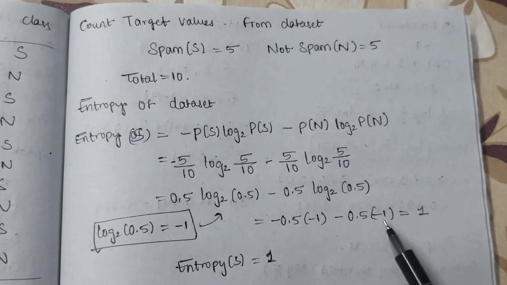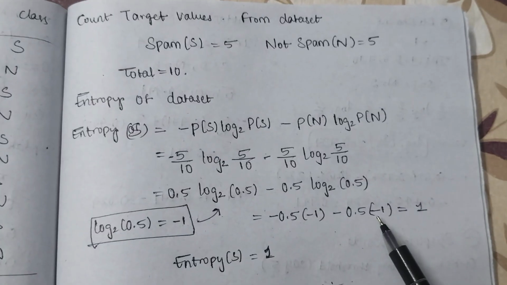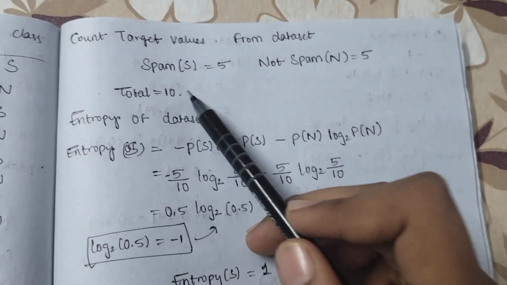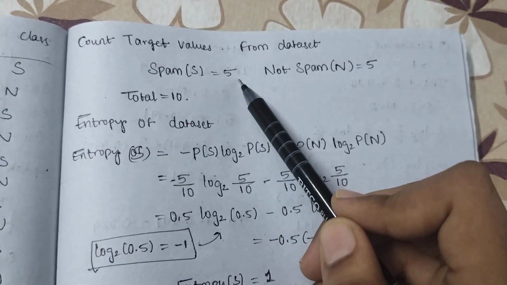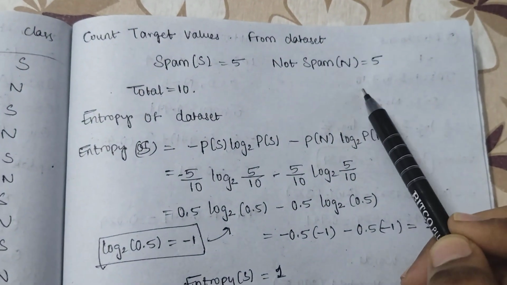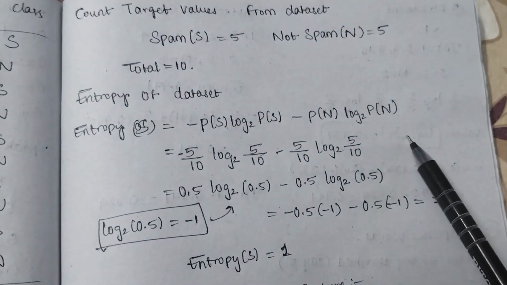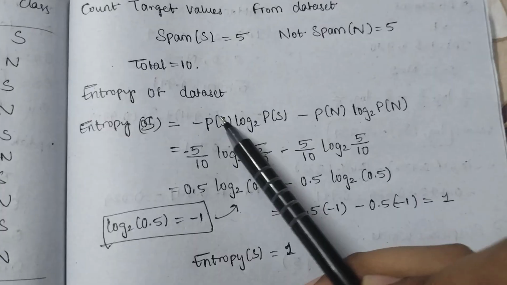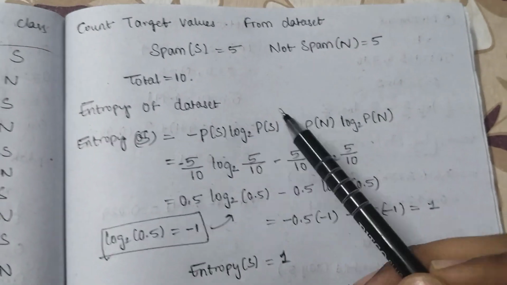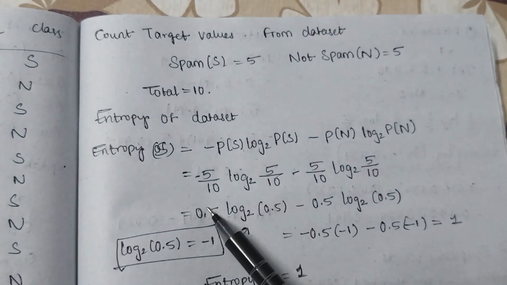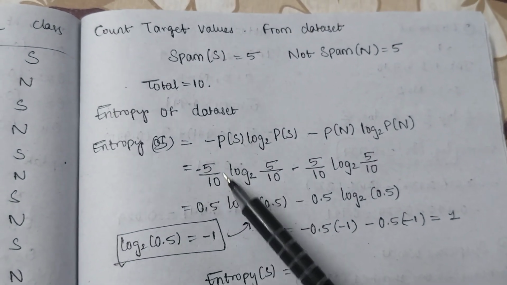First, we will calculate the entropy of the data set. The total number of samples is 10, and here we have spam as 5 and not spam as 5. This is the formula that we use to find the entropy. We take spam and not spam, so they are 5 and 5, and the total is 10, so 5 upon 10.